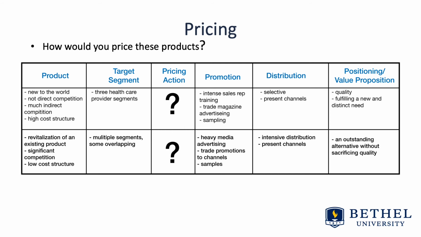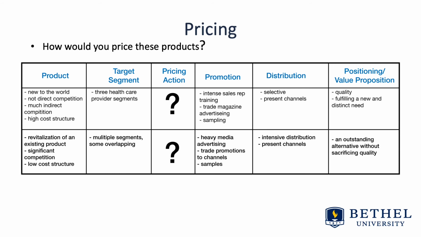This product is fulfilling a new and distinct need in the market, so the promotion will include sampling of the product, advertisements in trade magazines, and will require intense sales rep training. What pricing strategy would you expect to be used with this product? If your response is value-based pricing or prestige pricing, you would be correct.